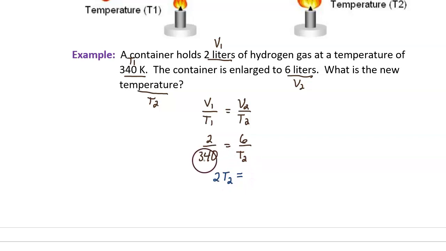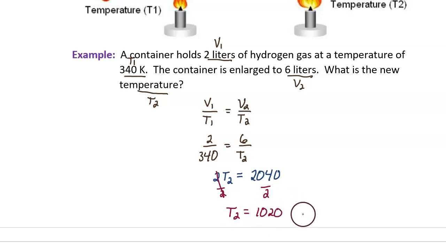That's going to be equal to what you get when you multiply diagonally the other direction. 340 times 6. 340 times 6 is 2040. Now what do you do on both sides to get the variable T2 alone? You would need to divide by 2 so that the 2's cross out. And our answer is T2 equals 1020.